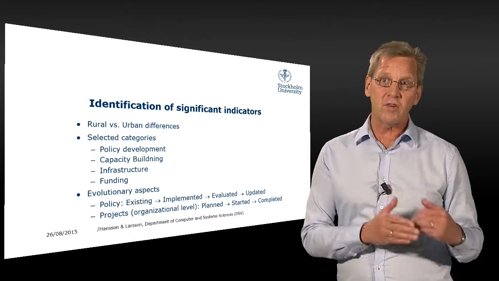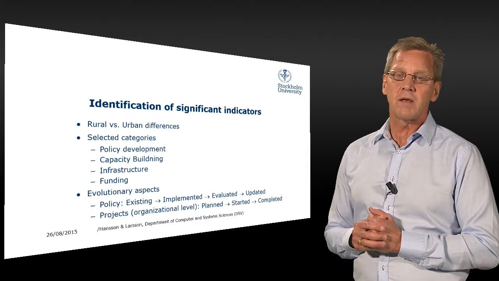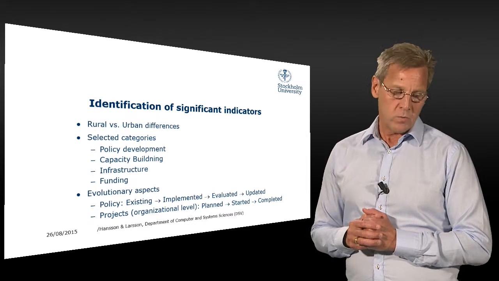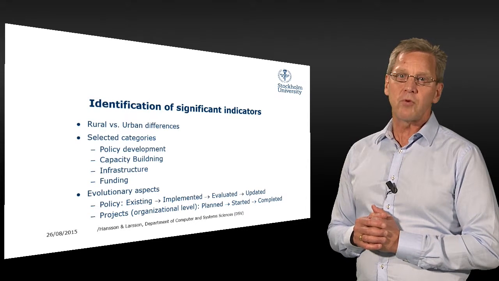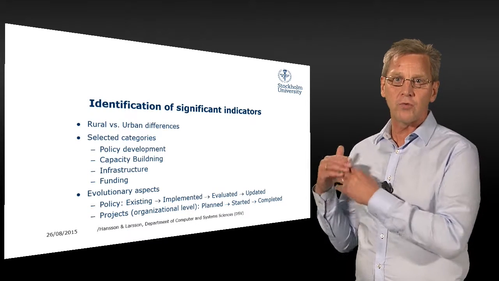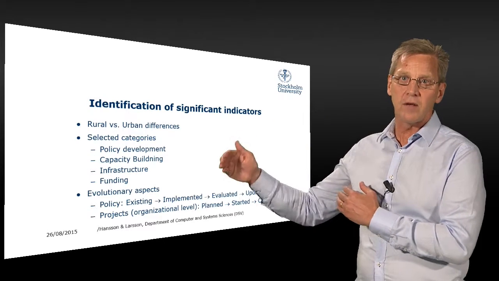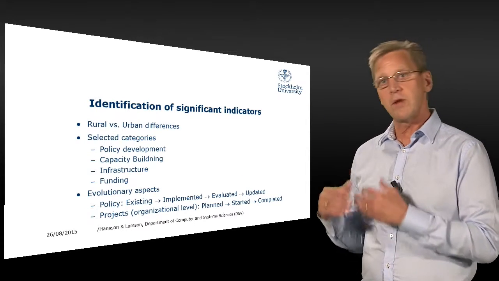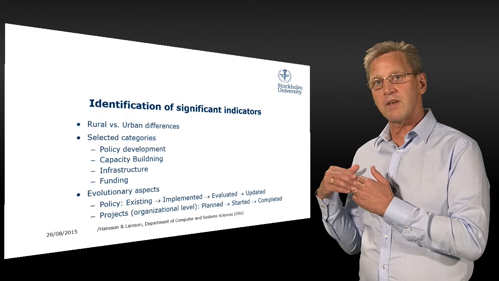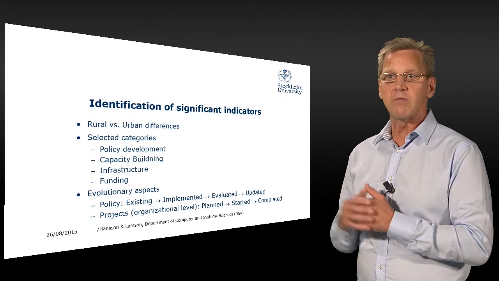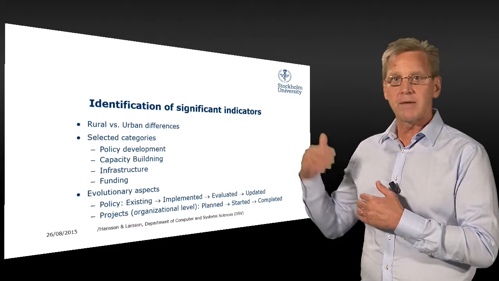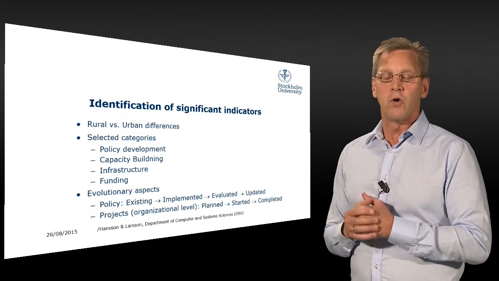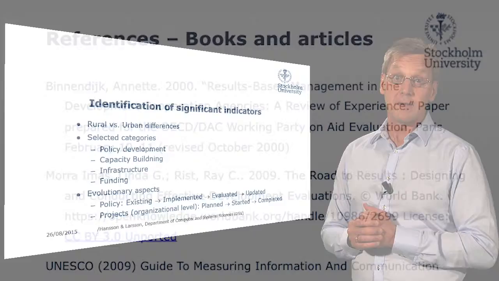And on an organizational level, which we discuss in film number 3, we are discussing whether a project is planned, moving on to started, and then moving further to completed, so that we can see from your organization, those who have been involved in the program, where projects have been planned, started, and now hopefully are getting completed.